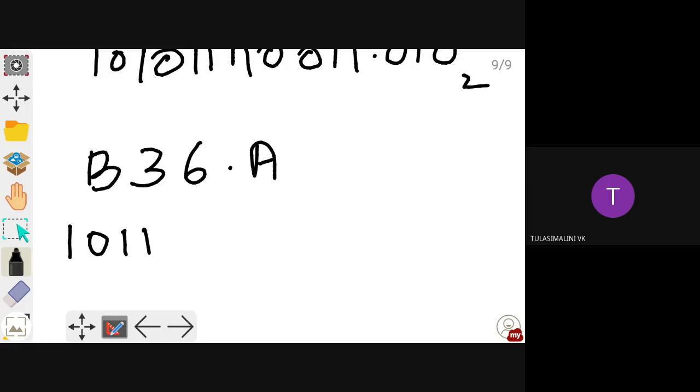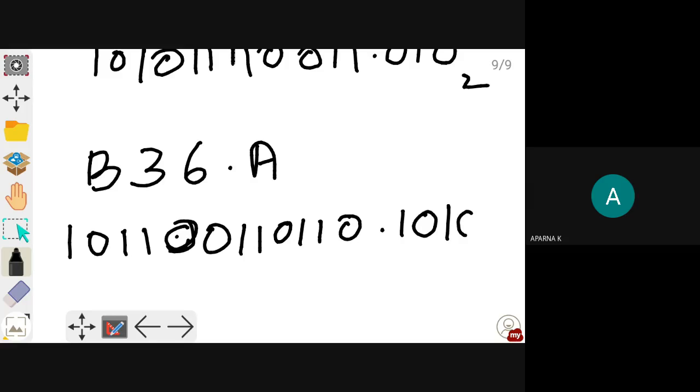How will you write 3? 0011. And the value of 6? 0110. Then you have a point. And the value of A? 1010. So that is your binary value.